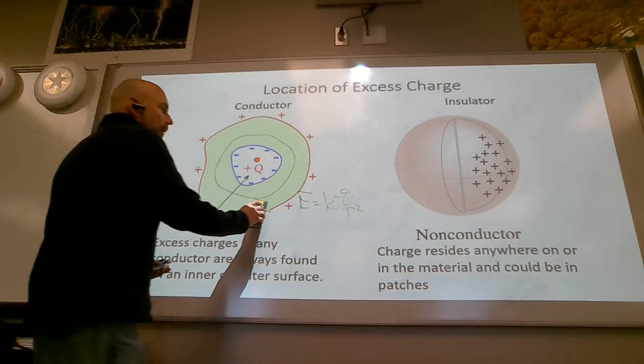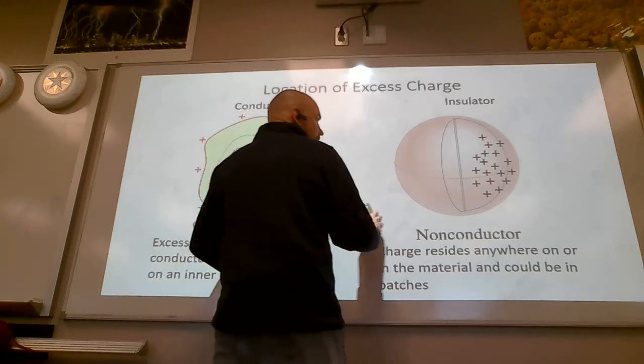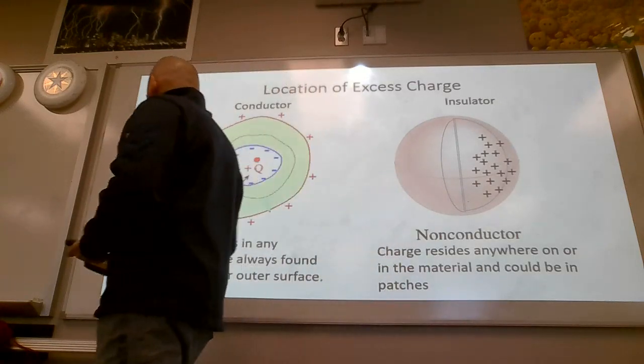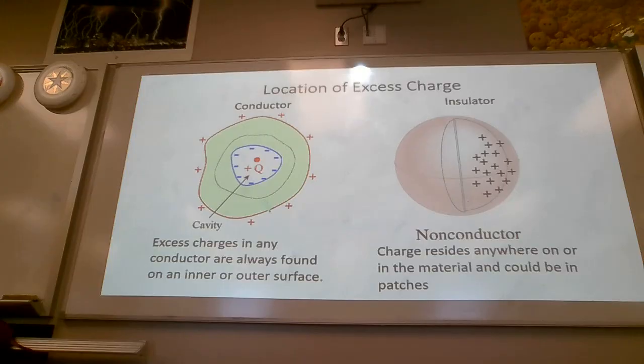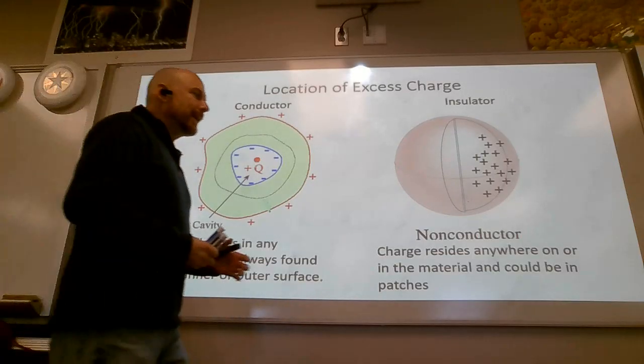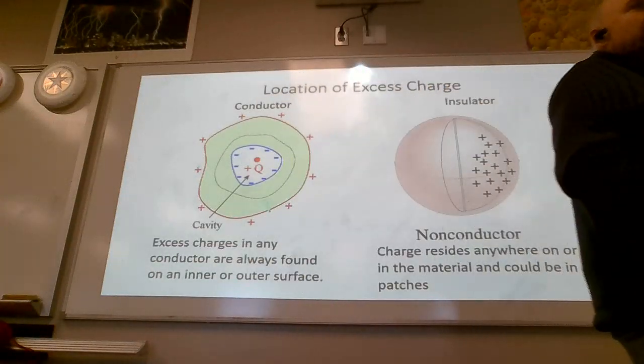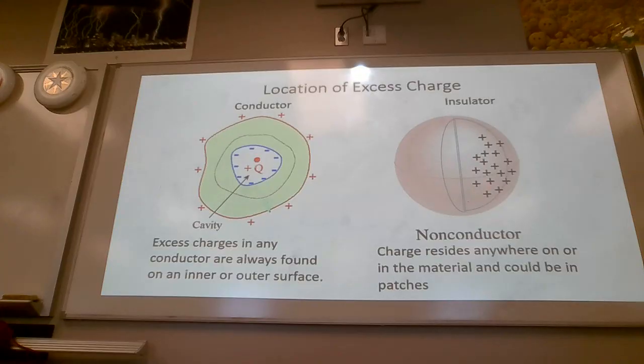So the location of excess charge. A non-conductor, an insulator, that's anywhere. It could be anywhere. It's kind of fabricated based upon the scenario. If you're charging by friction, it's where it was rubbed. In a problem, they'll say it's on the surface, or it's throughout the entire volume, they can make up anything for an insulator.